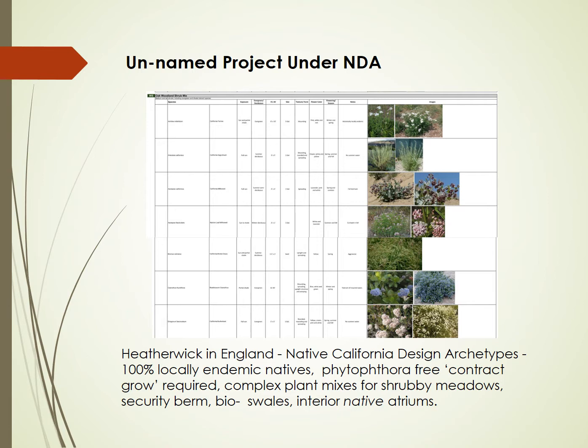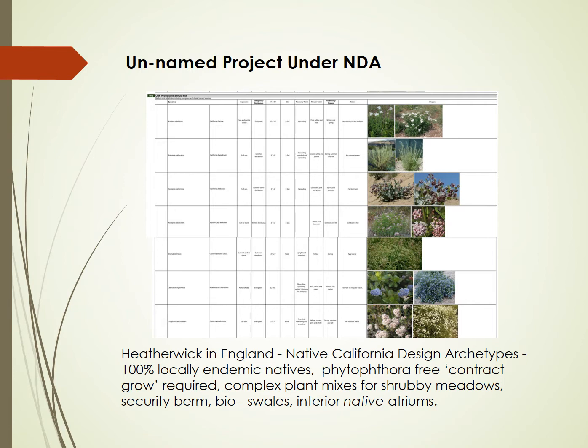For this Bay Area corporate headquarters project, in the search for the most pure, locally endemic native planting design, this project's master designer, Thomas Heatherwick in London, worked with local biologists and agencies in the Bay Area to formulate several native California landscape design archetypes using 100% locally endemic natives, whereby certified Phytophthora-free contract grow will be required.